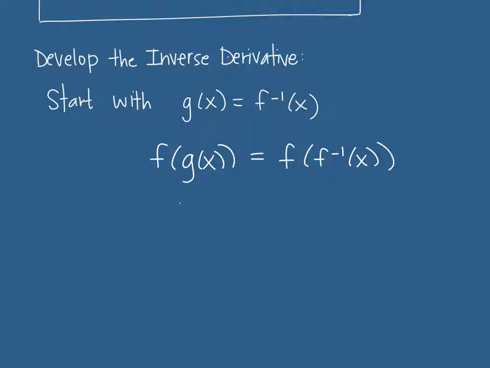If we combine sine with arcsine, they cancel each other out. If we take a square with a square root, they cancel each other out. If we take an e with a natural log, they cancel each other out because they are inverses of each other. And so we get down to it just is x, because by definition those two things cancel each other out. Now I'm going to do the derivative.